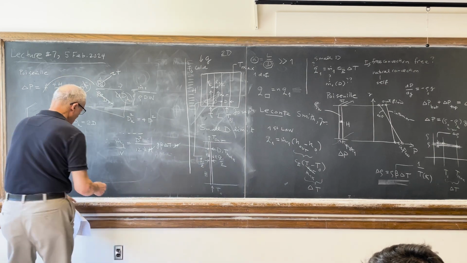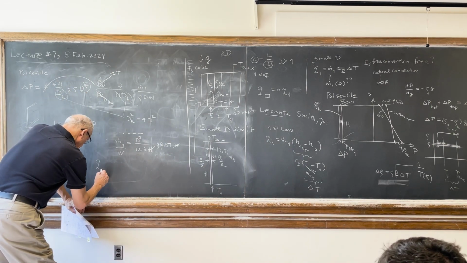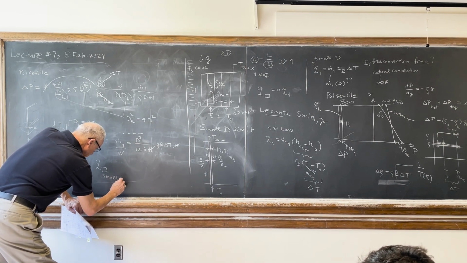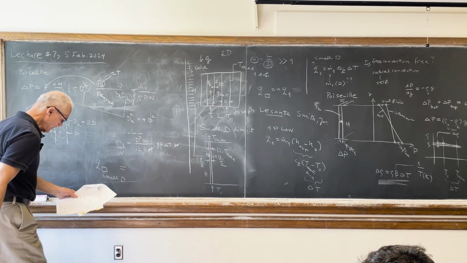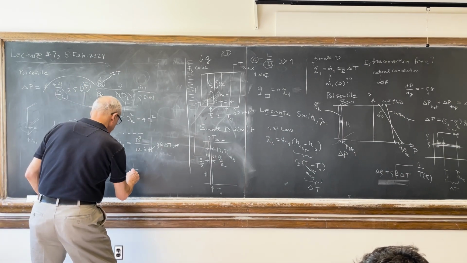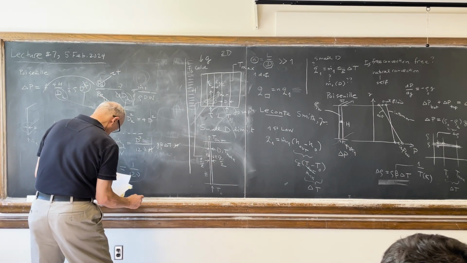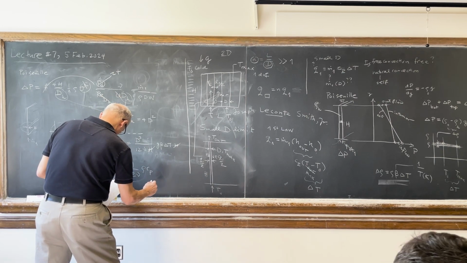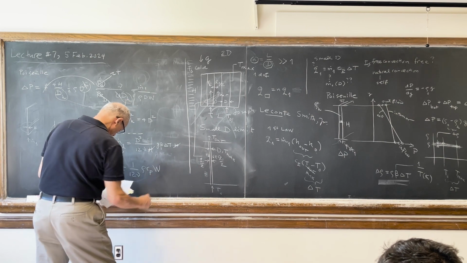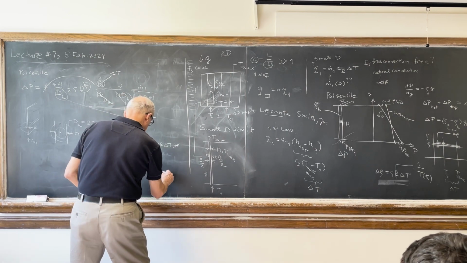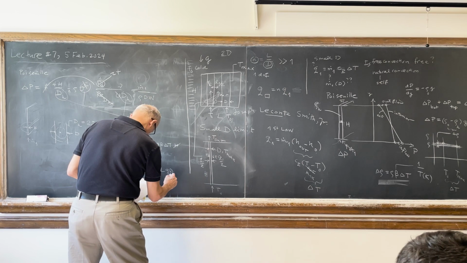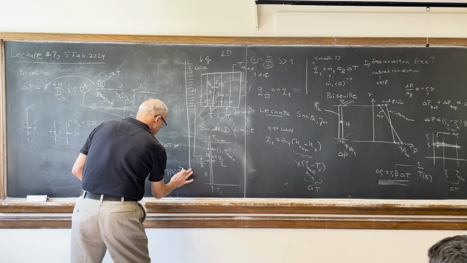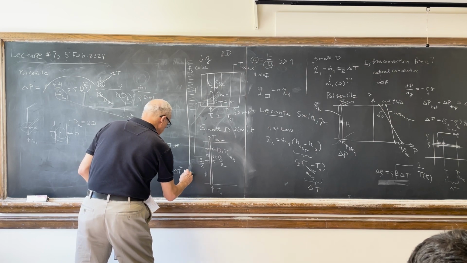So the formula for the total heat transfer rate in the small d limit is 1 over 12 nu, and then rho Cp, okay, W again, and then L g beta delta T squared, and then d squared.